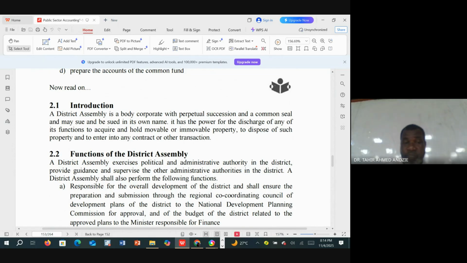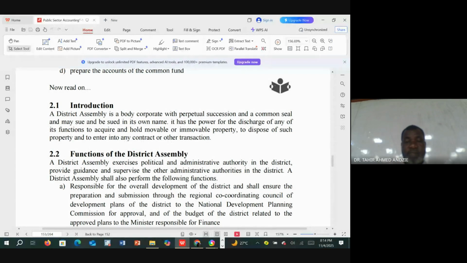So this is a legal entity. This assembly is a legal entity, and any legal entity has the power to contract in its own name and has its seal, and therefore has the power to sue and be sued in its own name.